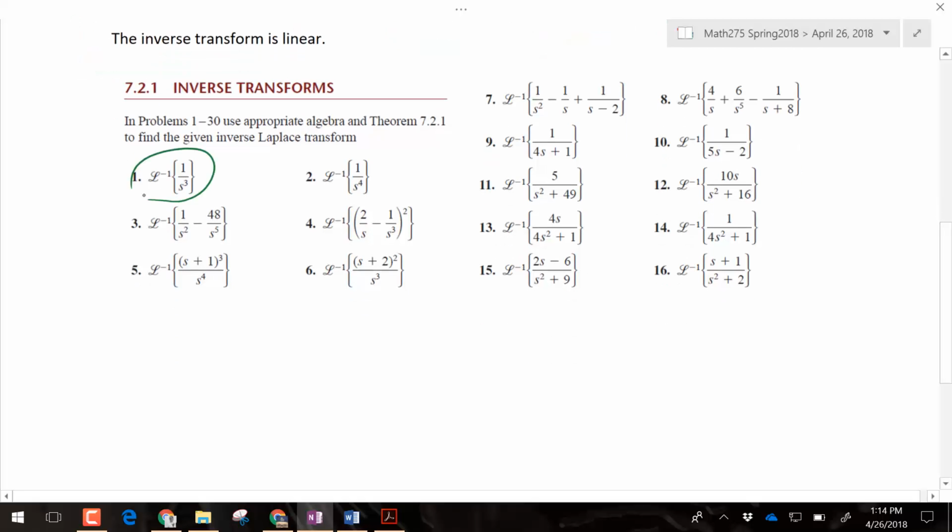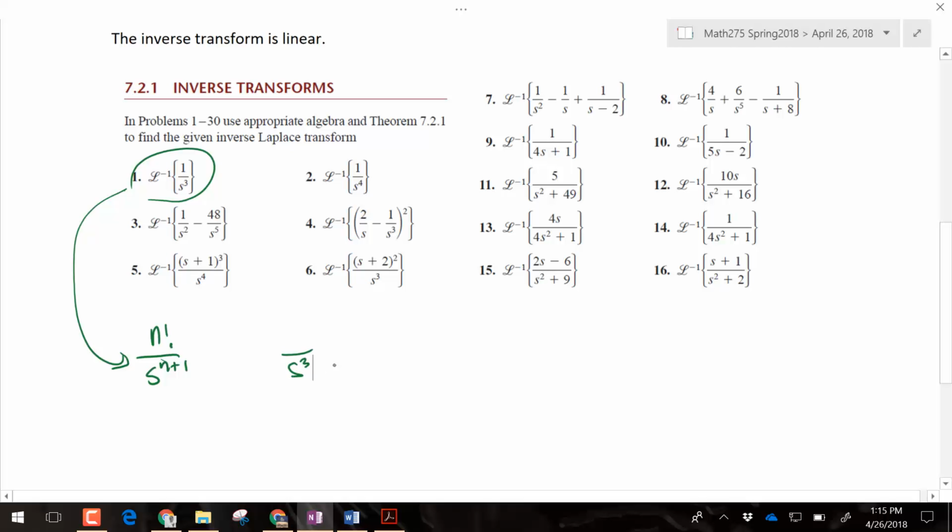All right, so for example, let's take the inverse Laplace of 1 over s to the third power. Well, 1 over s to the third power looks like n factorial over s to the n plus 1, right? And so what we want to do is make it look like this. We have a 3.